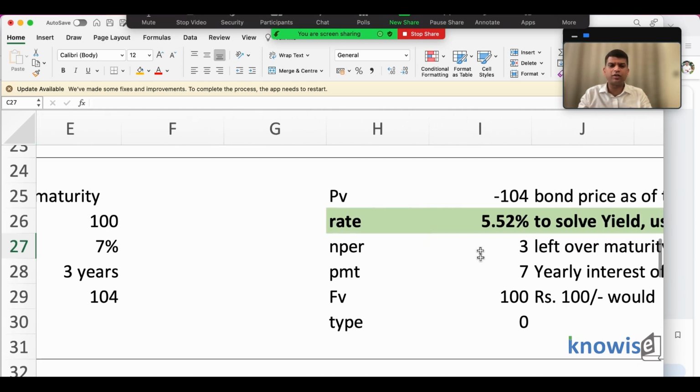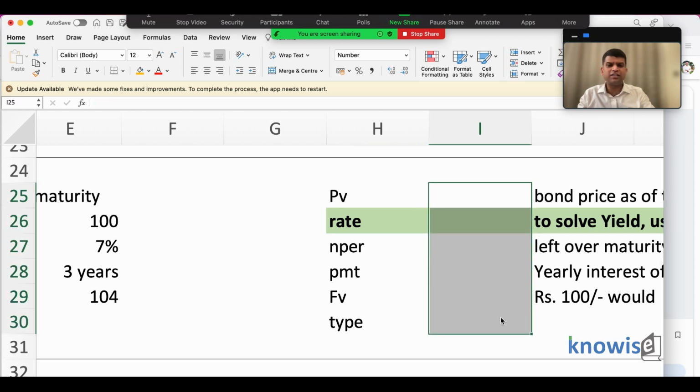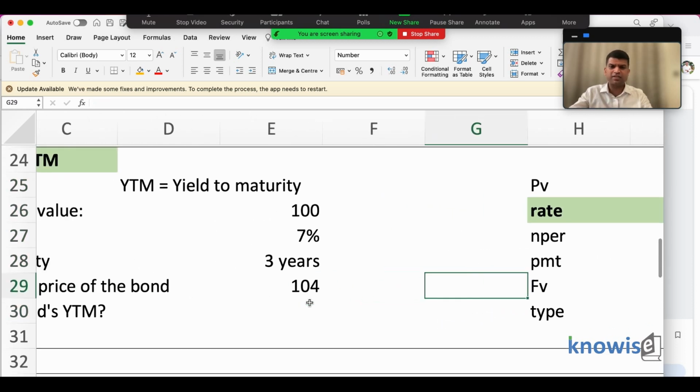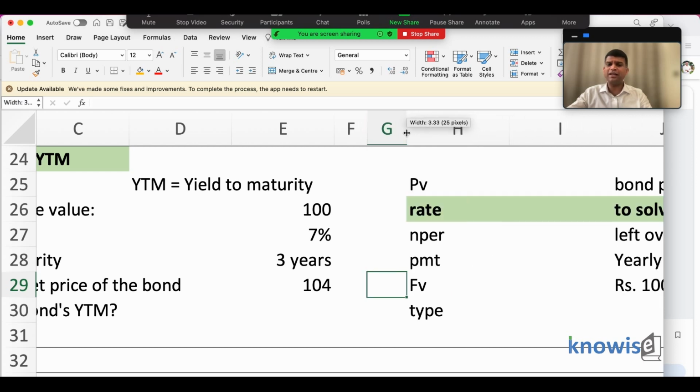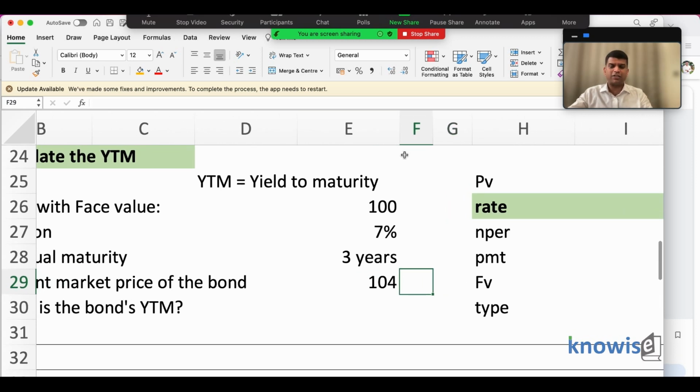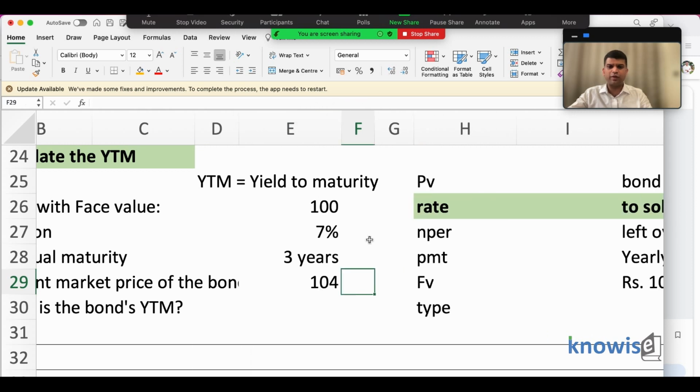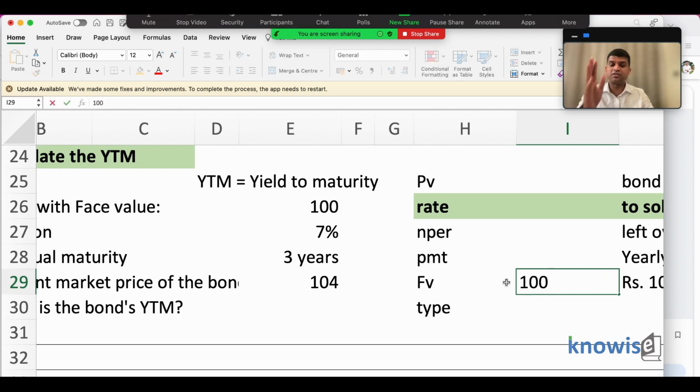So now how do we solve this? Write down these 6 variables and, based on the information given, fill in the blanks. As simple as that. As per this example, you have a face value of rupees 100. Where would you plug in the face value? Face value is nothing but future value. That means this is the money you're going to get back after 3 years.